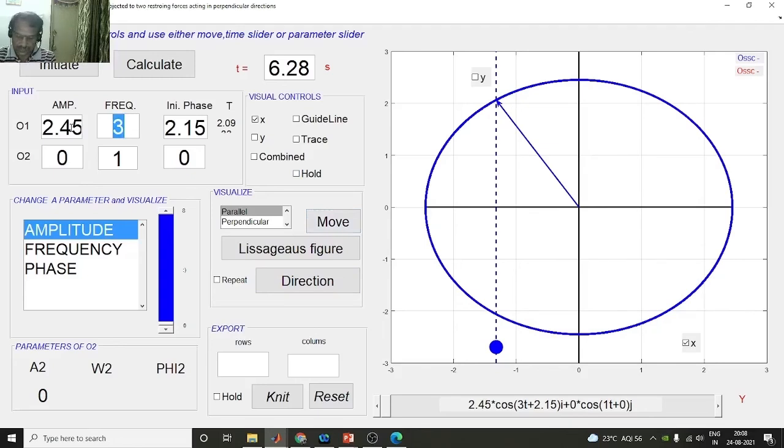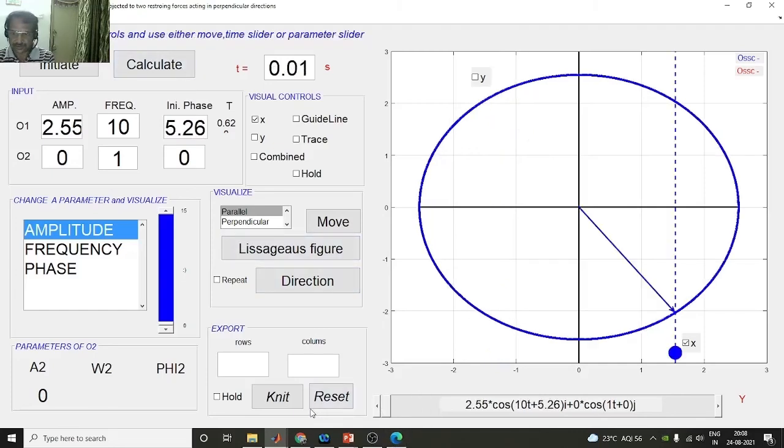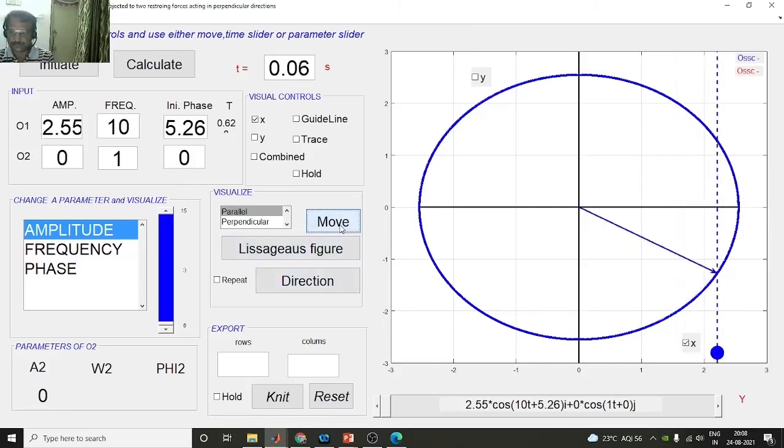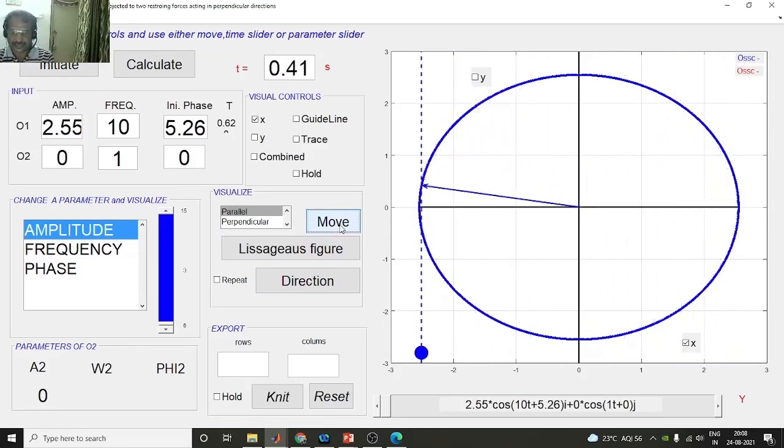So let us end the simulation with a very high frequency 10, amplitude of 2.55 and a phase of 5.26. How does it look? This is a circle larger than last time, hence we have a vector of larger length. Initial phase is 5.26, this angle is 5.26, and it would rotate at a frequency of 10. So let us observe this. Instantly we can see the oscillation is faster because the frequency is high.